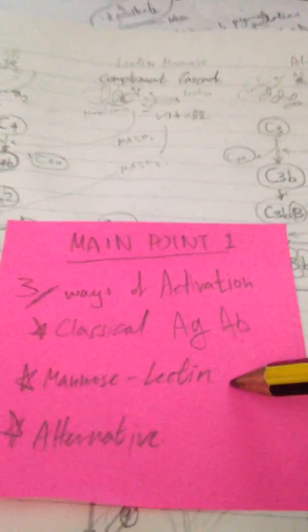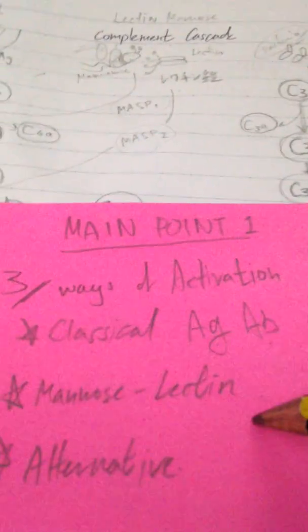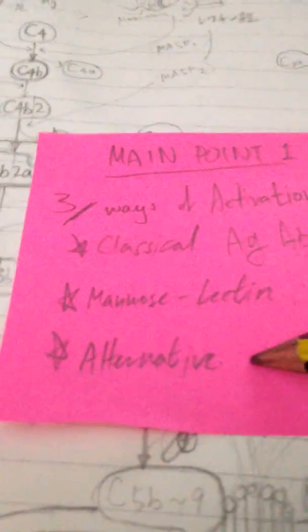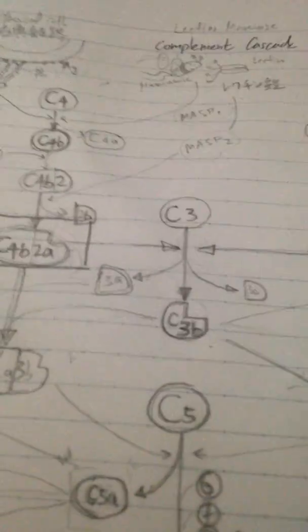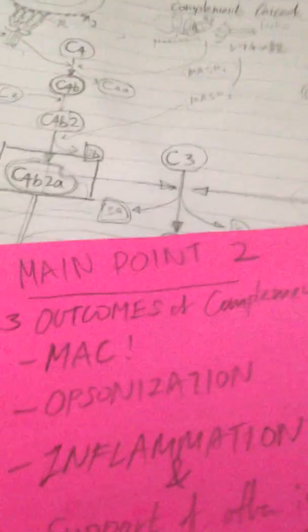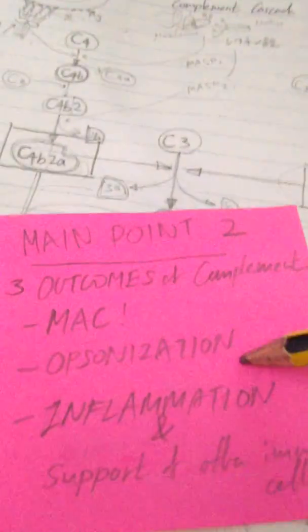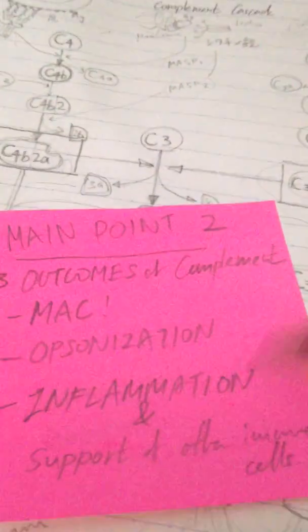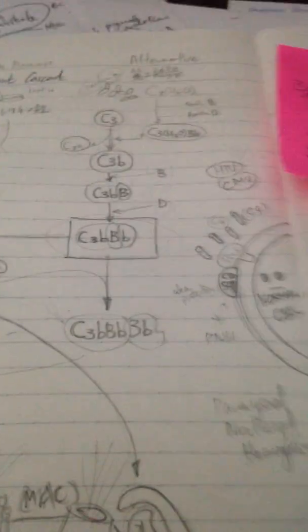The mannose-lectin pathway doesn't really need antibodies to happen, same as the alternative pathway. Okay, main point 2 is the three outcomes of the complement cascade, which are the formation of MAC, opsonization of pathogens, and inflammation.